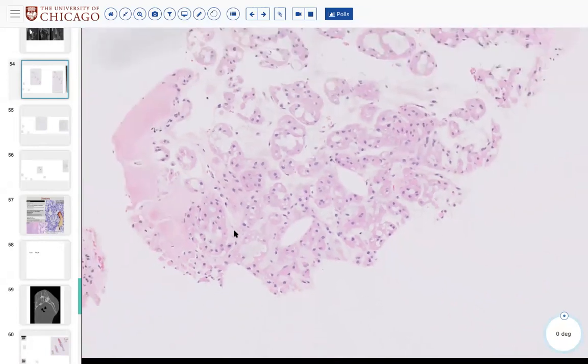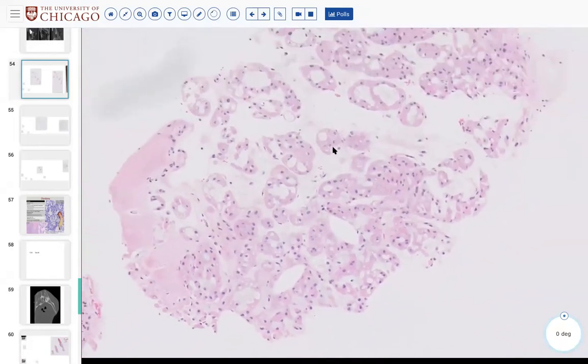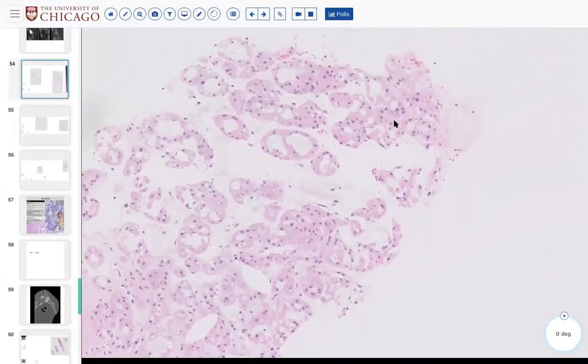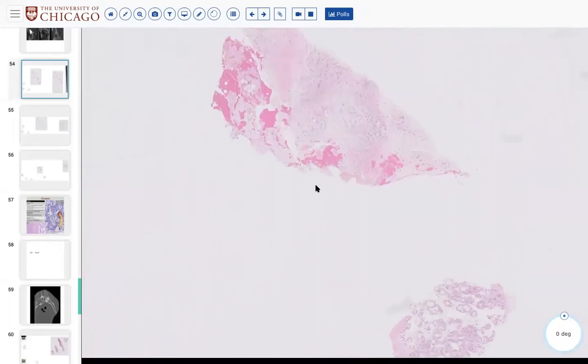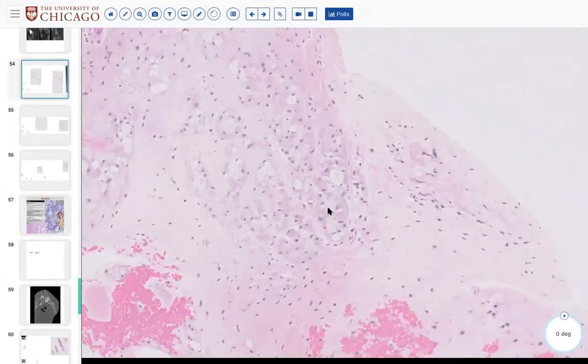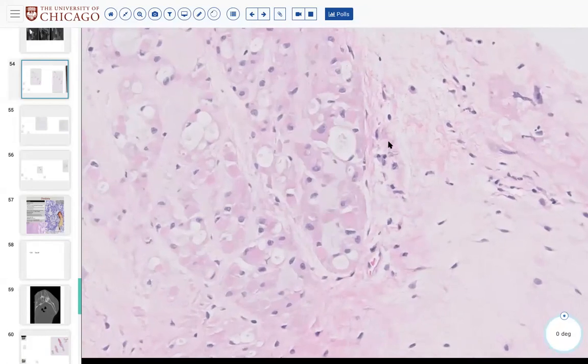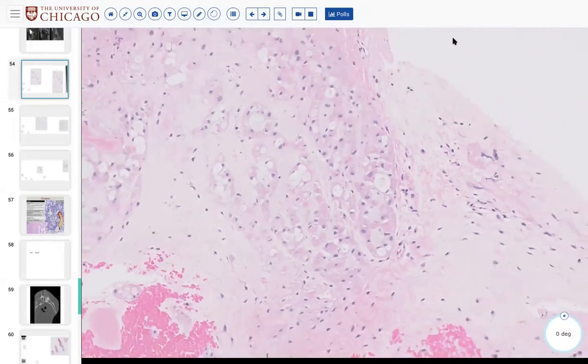And then mostly on low power, it's more like lobular architecture with some fibrous bands around it. And then we have some myxoid matrix, and the cells with very clear cytoplasm. With all these things, and with the site and the age, I felt like that's a chordoma.